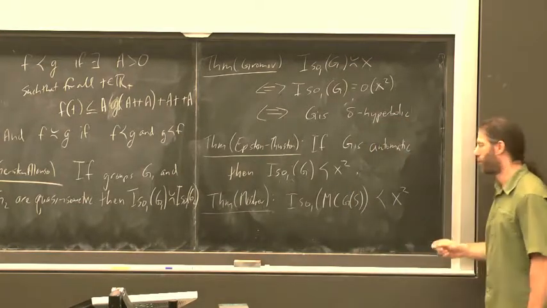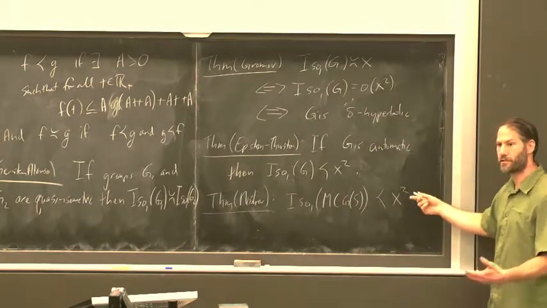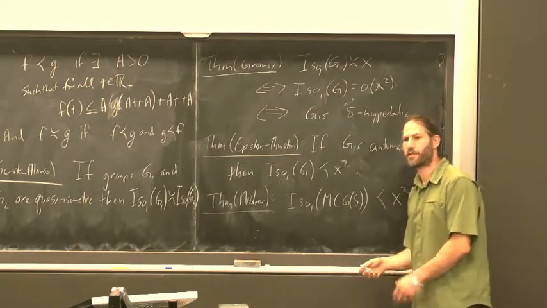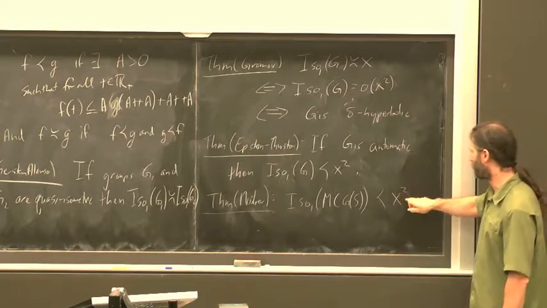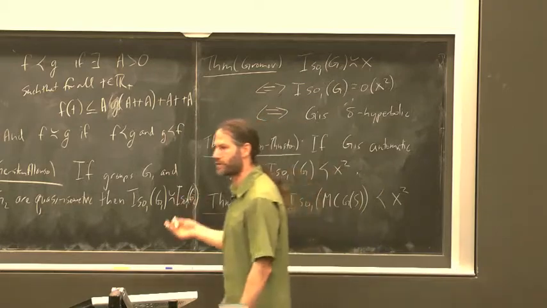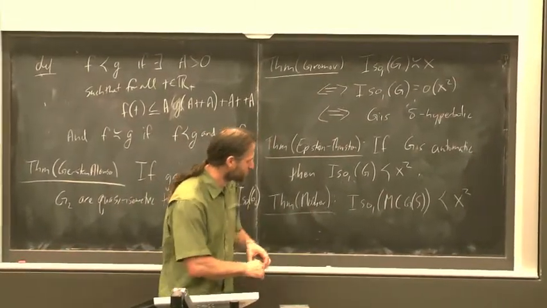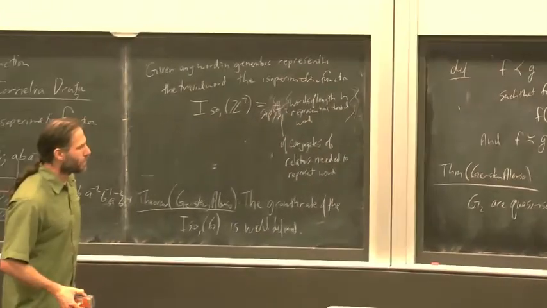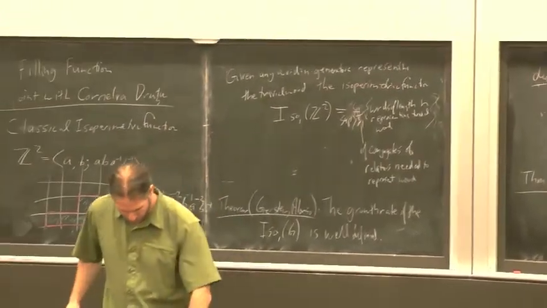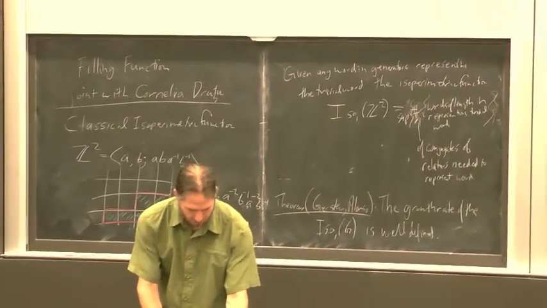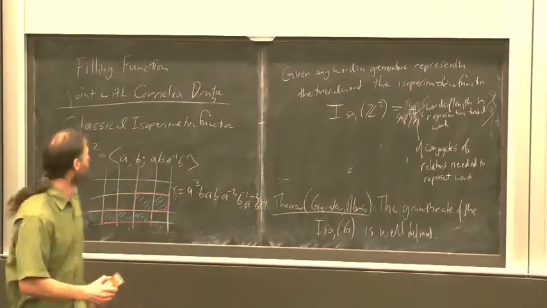And in fact, they're almost always quadratic because there are only a few mapping class groups that are hyperbolic. They tend to be quadratic, except in the few low complexity cases where they're finite or hyperbolic. In those cases, it's linear. Okay, so that's my quick summary of the classical isoperimetric function.